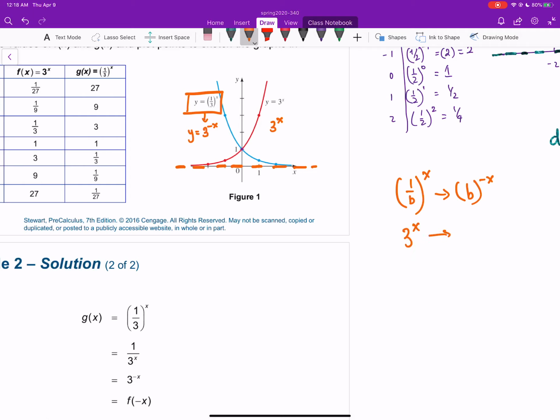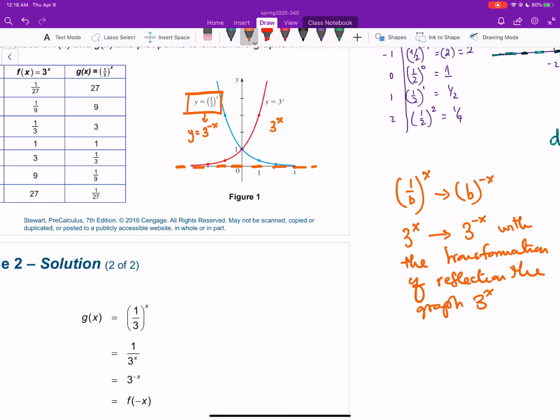That goes to this with the transformation of reflecting the graph 3x about the y-axis.